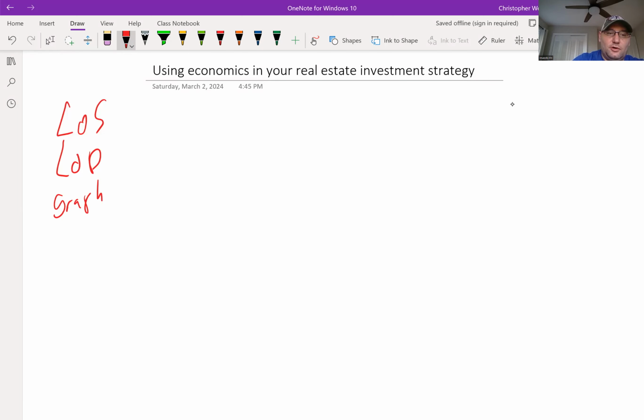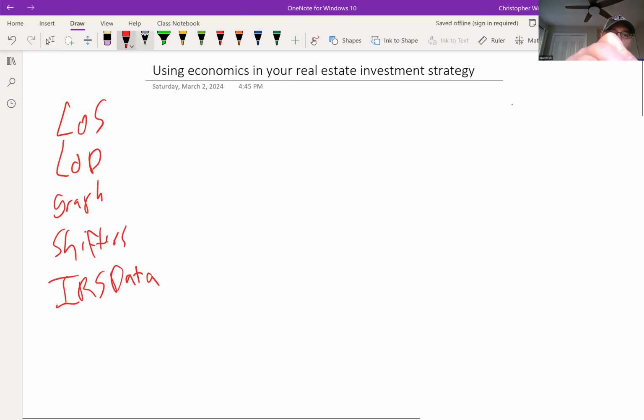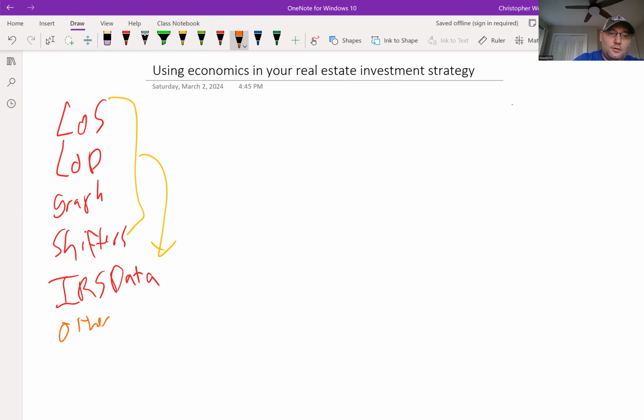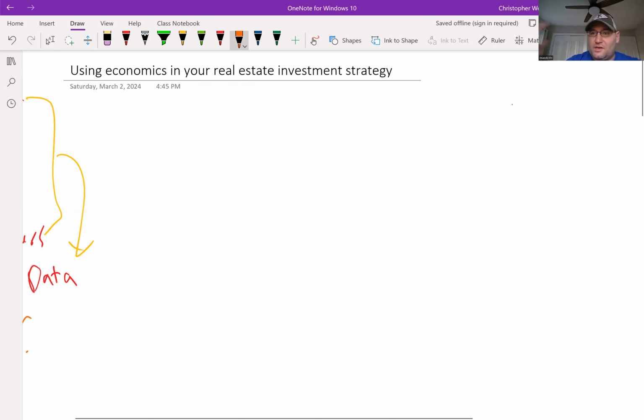I'm going to also show you what we call shifters. And then I'm going to look at some IRS data to basically take these and apply it to real world data. I'm going to introduce other data. And then we're going to look at opportunities. Okay. So let's start right out.